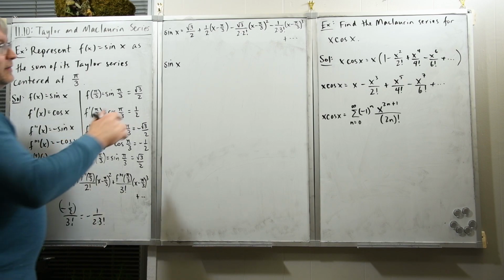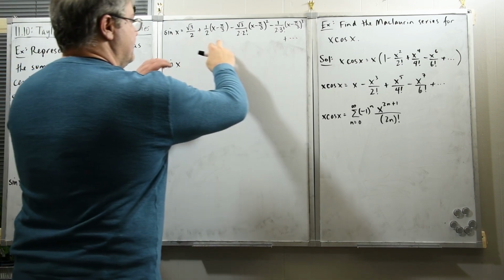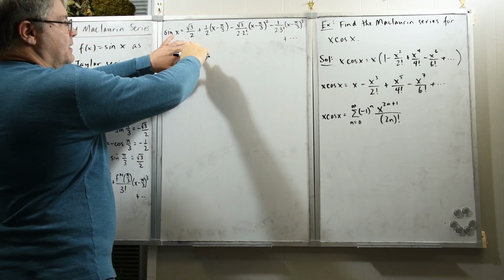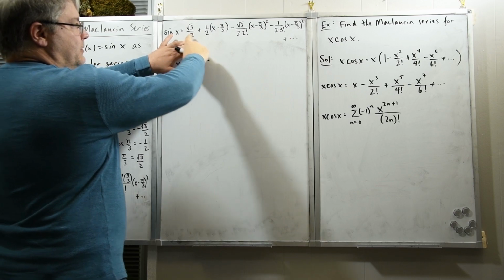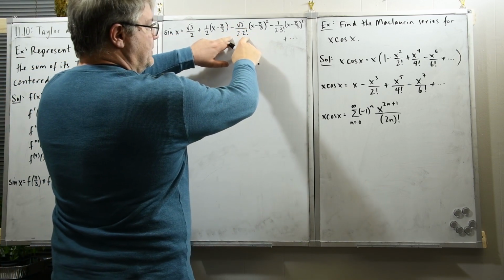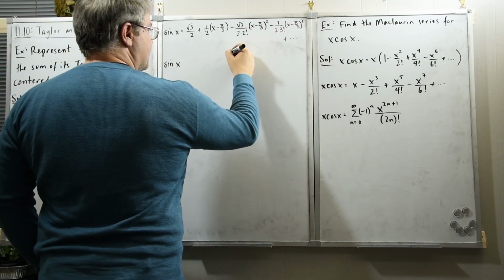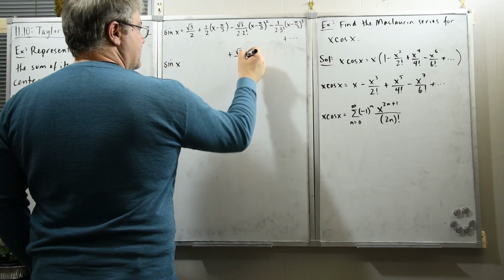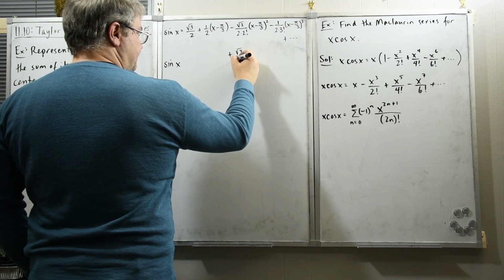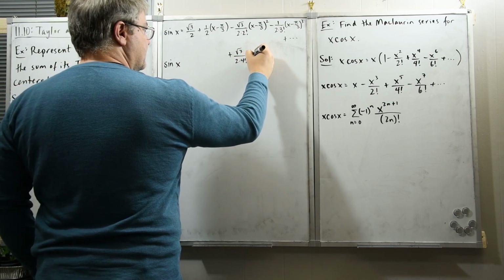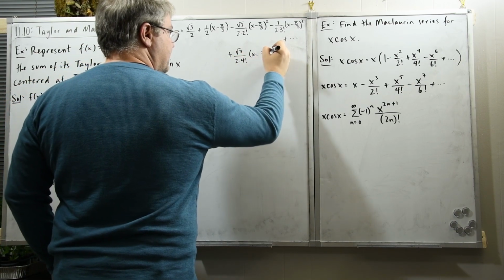Now, if you take a look at the even powers of x minus pi over 3, you'll have a root 3 over 2, you'll have a negative root 3 over 2 times 2 factorial. Next, if you were to take a look at the next term, you'd have a positive root 3 over 2 times 4 factorial times x minus pi over 3 raised to the 4th.